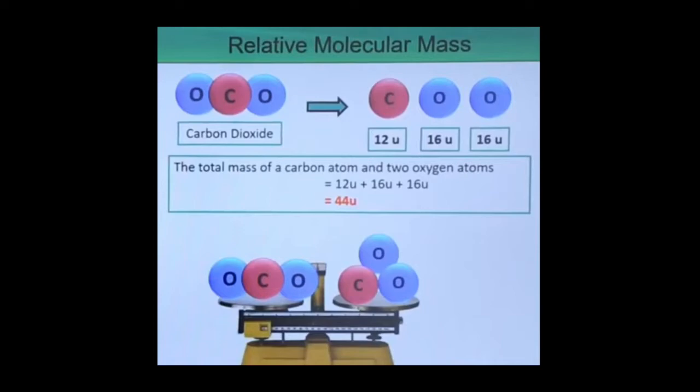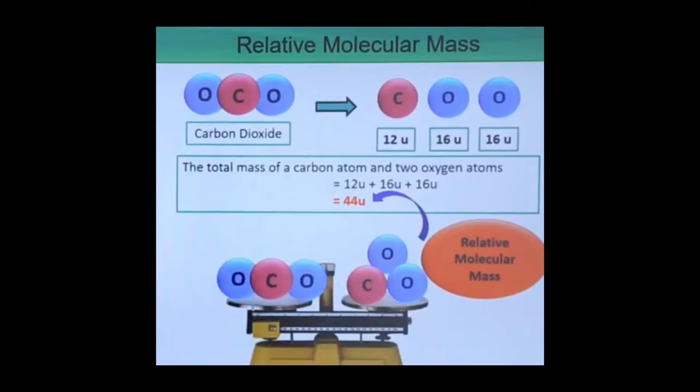How did we get this 44 U? By adding the relative atomic masses of the constituent atoms, that is carbon and oxygen. This 44 U is called the relative molecular mass of carbon dioxide molecule.